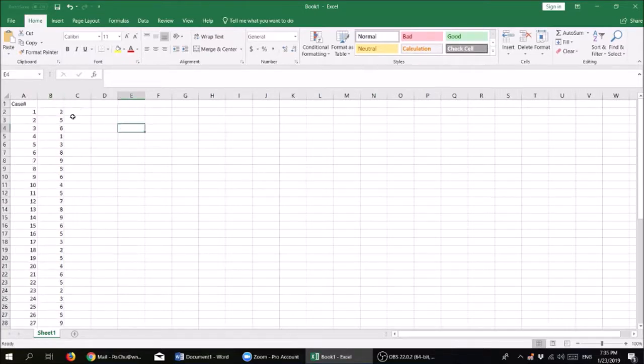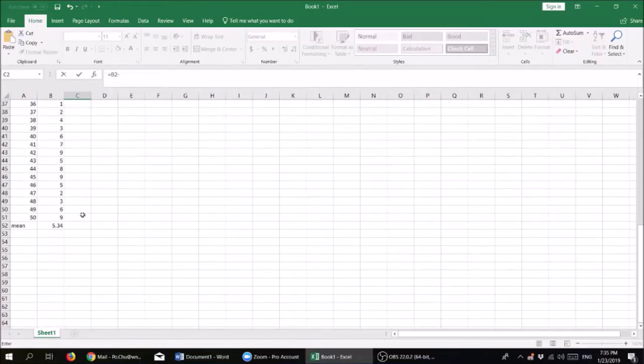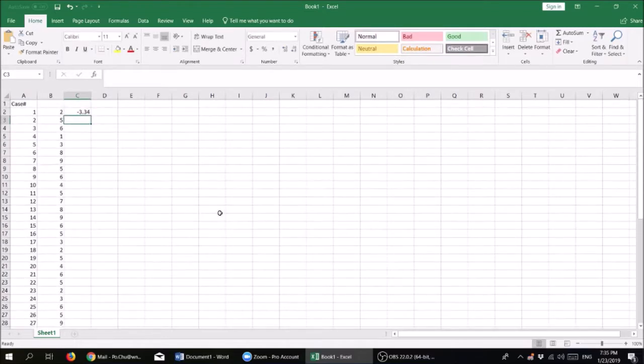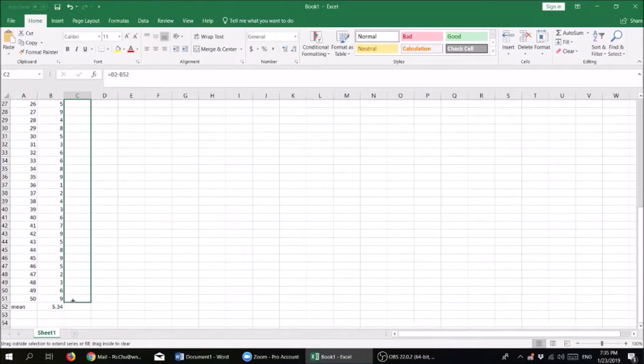Now some people, what they do is this: equal sign, select this case, minus, and then they will go all the way down and then select this case, enter. That is not a smart move, because if you move your cursor and then drag it down, then all the numbers are wrong.